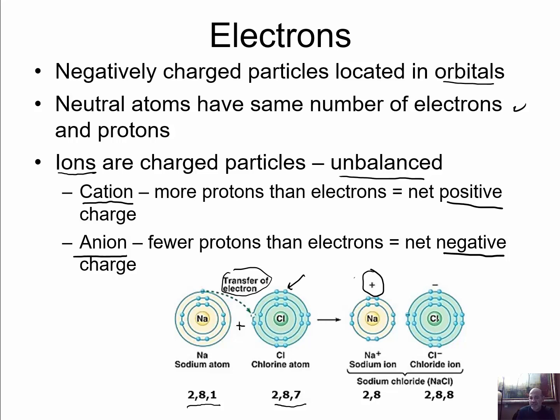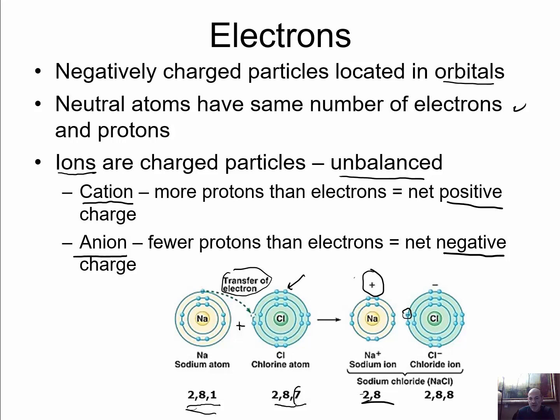Because chlorine gained an extra electron, it now has an extra negative charge because that electron shifted into its energy level. And now the chlorine atom has an extra negative charge, so now it is a chloride ion. You can see the numbers changed here overall from before. The sodium had 1 electron in that outer energy level, now it's missing it.